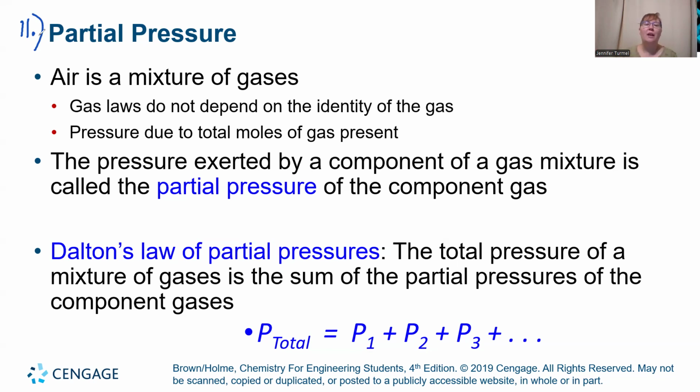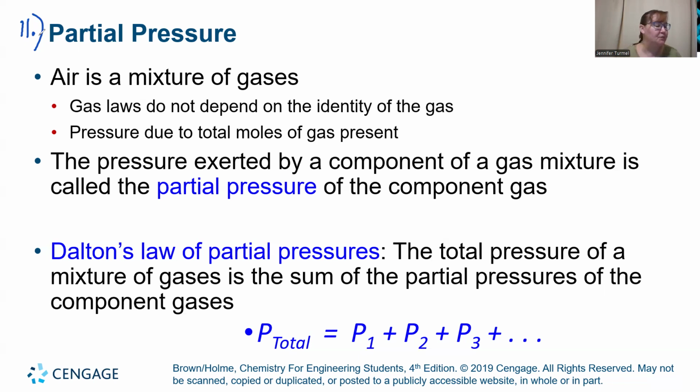Gas laws do not depend on the identity of the gas because the pressure is due entirely to the number of moles of gas present, because that's what volume is due to.